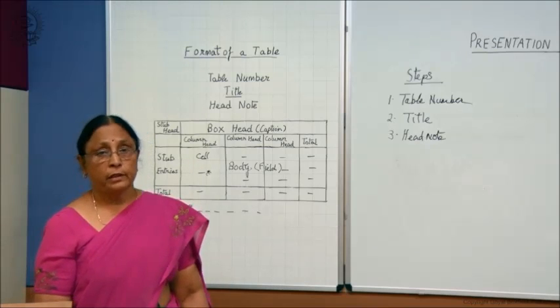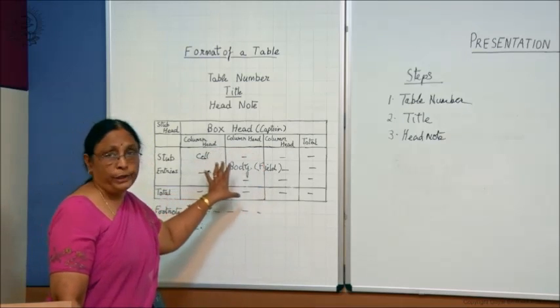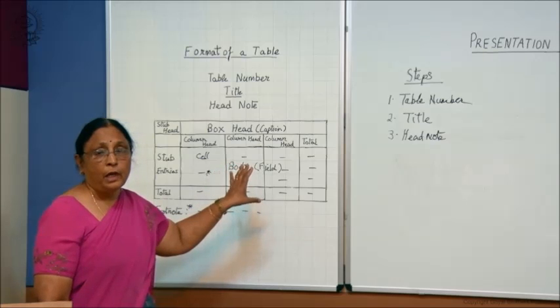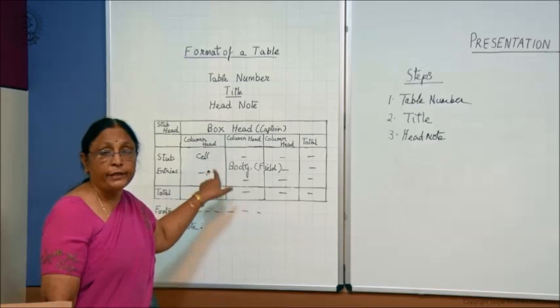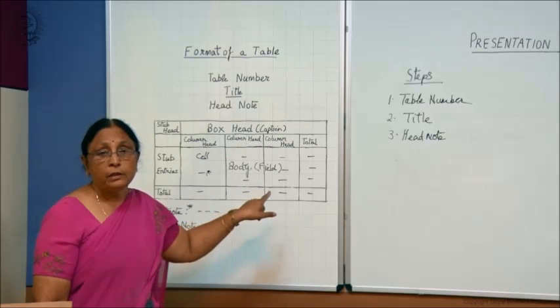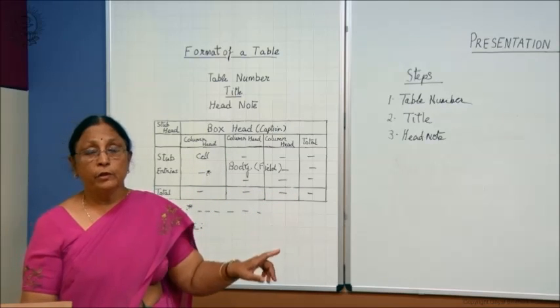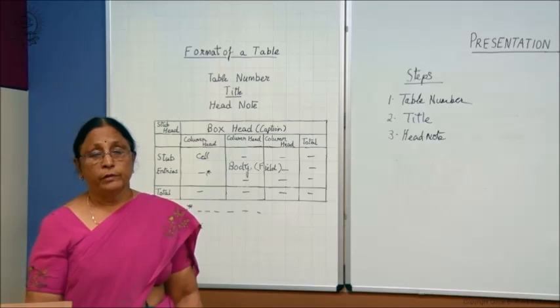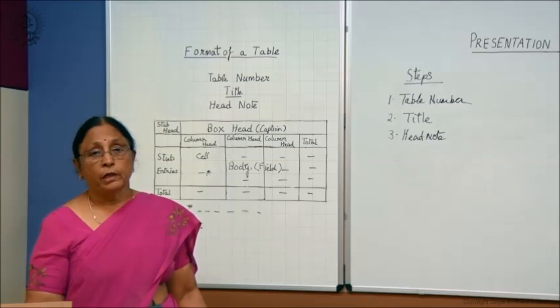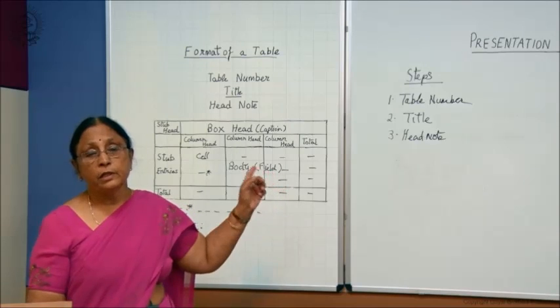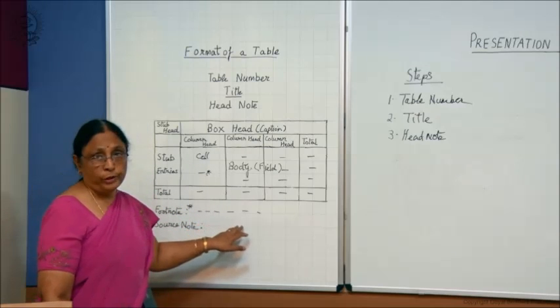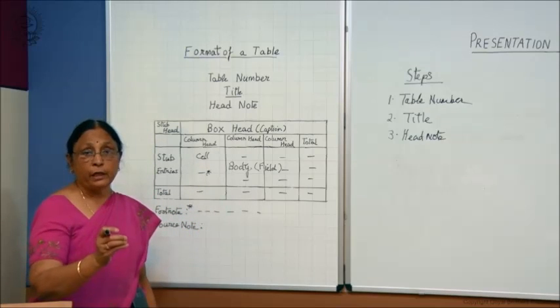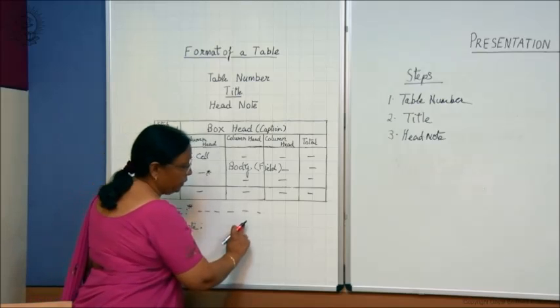Now after the footnote there is another important step, that is the source note. Remember that when you are giving the data in the table, until and unless you explain the source of collecting the data, this data will not have any value. It will be difficult to make others understand that this data is authentic. So normally we give the source note. If it is original data, you may write here original data.